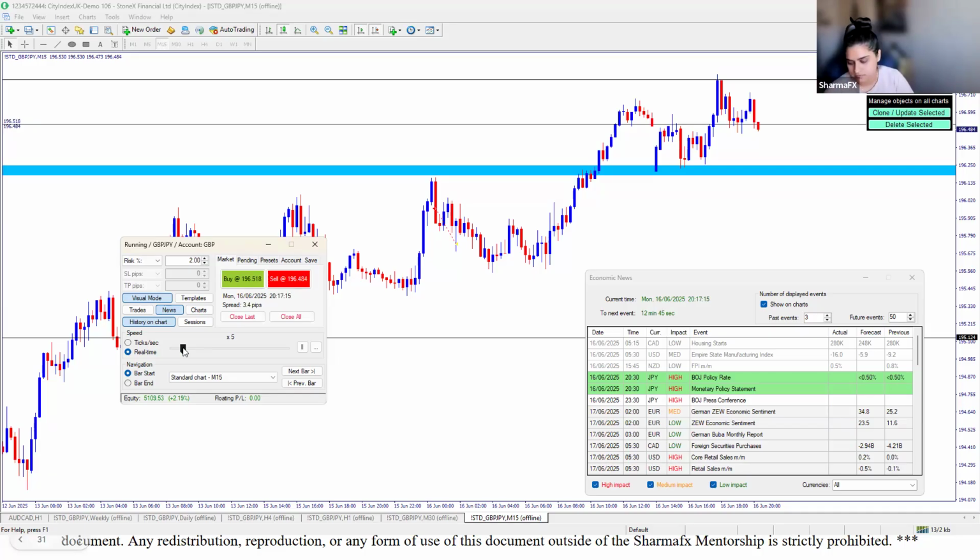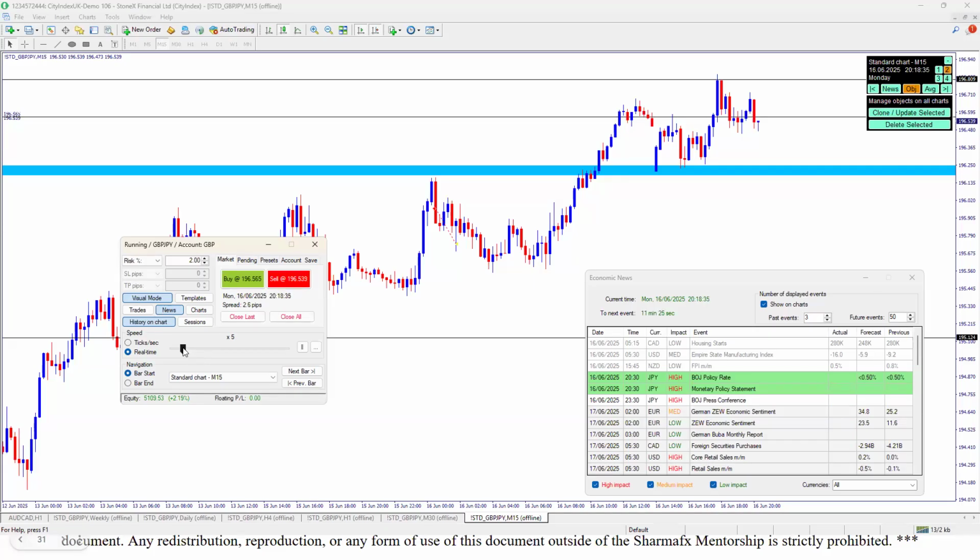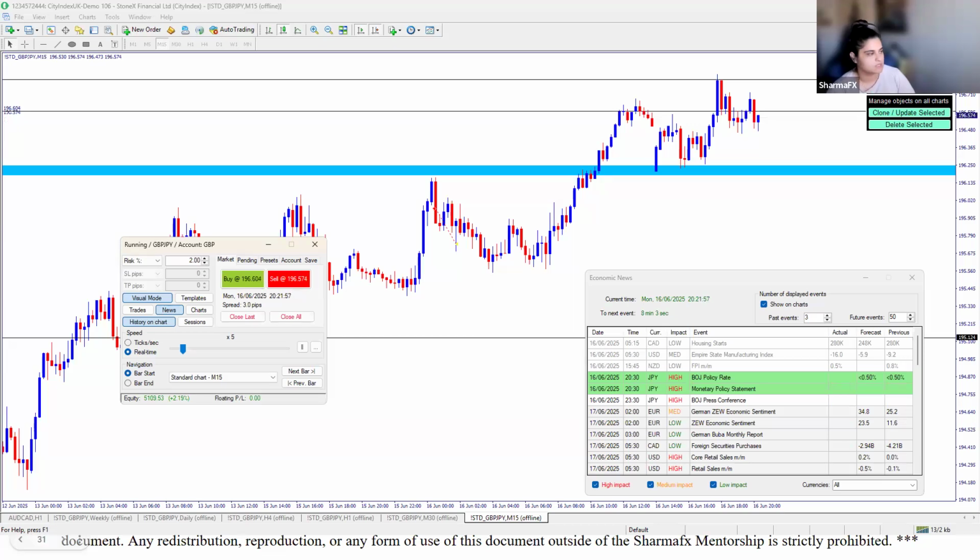This is obviously high impact. Look at this movement based off anticipation about 8 minutes before news comes out.